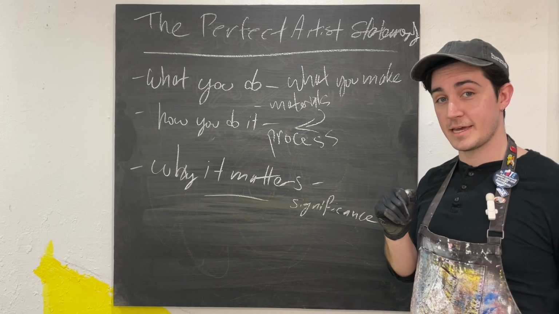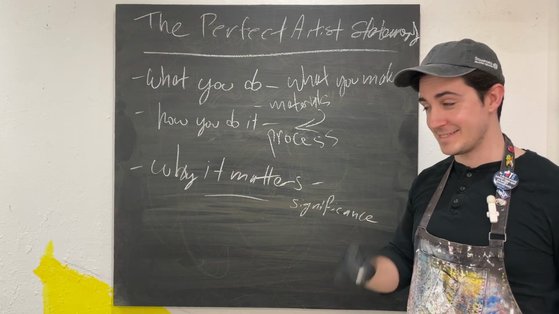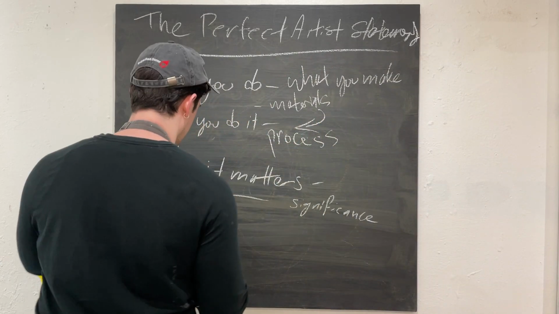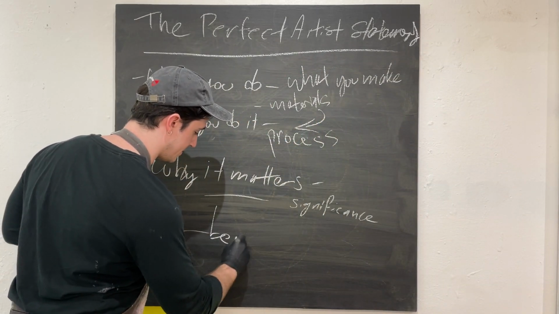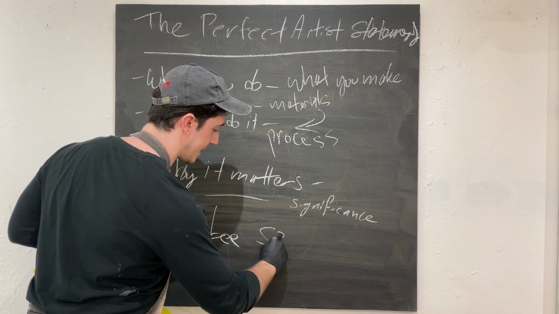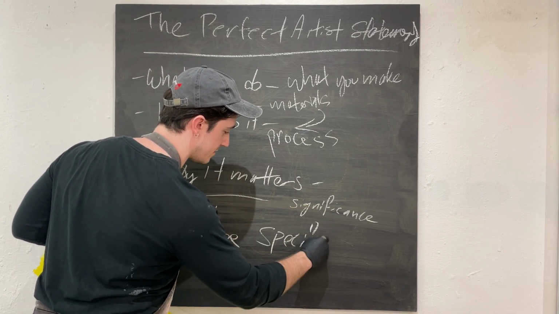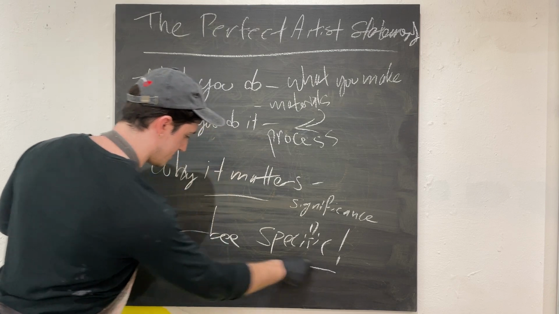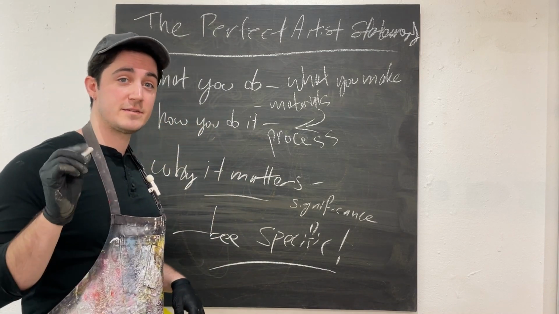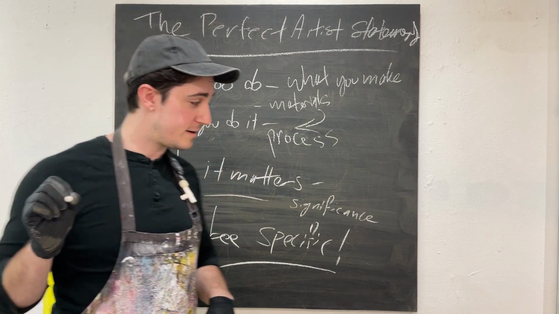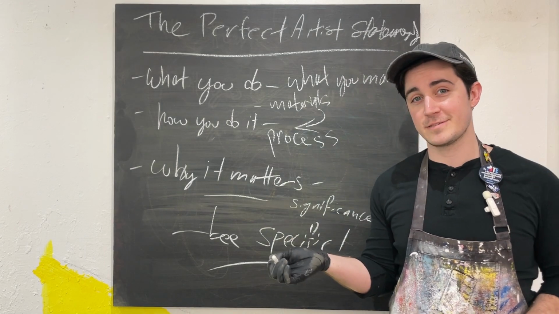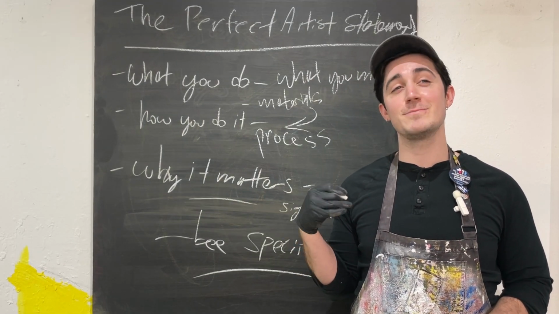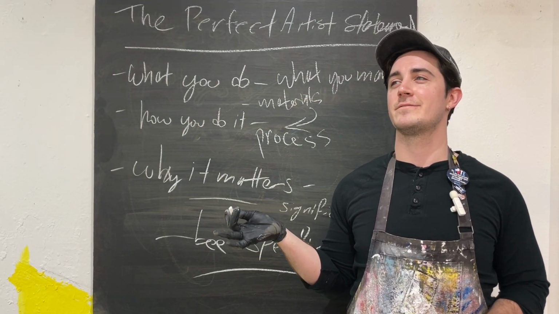And the last thing that every good statement has is this: you need to be as specific as you can. A lot of bad artist statements begin with, I use my art to express myself.